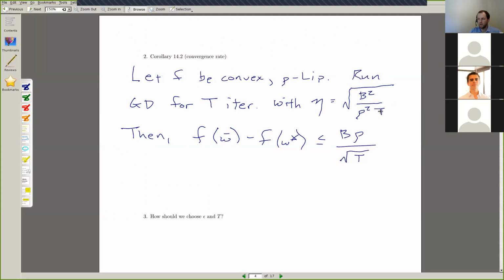The T value here is how many total iterations we've done. So if we're doing more iterations, then we can use a smaller step size. This B value here, though, is something that we haven't talked about yet. The first thing that I want to do is talk about it informally, and then I'll define it formally.